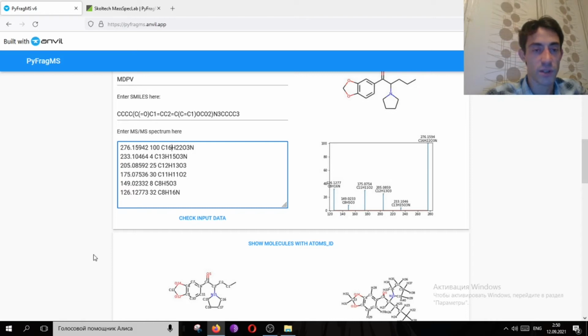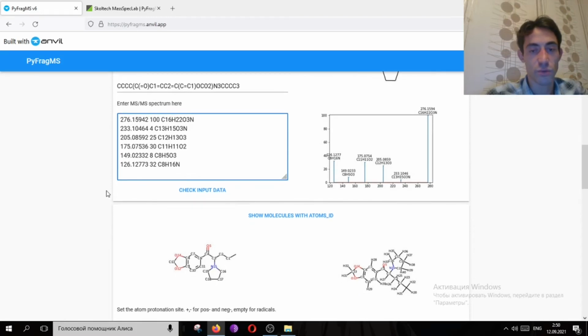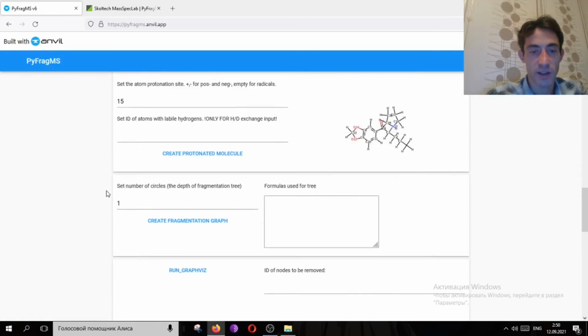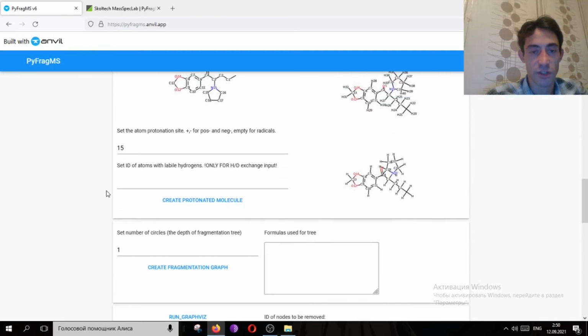And if we are specifying deuterium here, of course we need to specify the functional groups with labile hydrogens. We need to specifically tell the software which groups we are protonating, in which groups hydrogen deuterium exchange occurs.